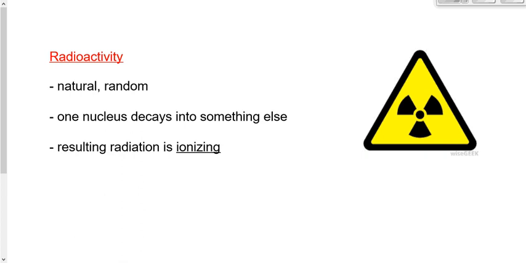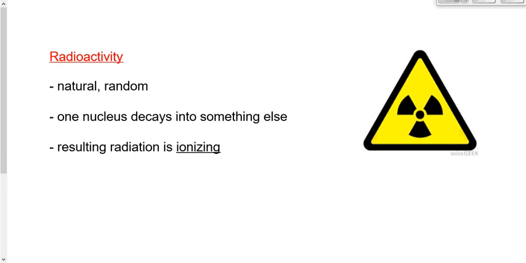What is radioactivity? Well, it is a spontaneous process. It is a natural process. It is a random process where one nucleus, like carbon or like uranium, decays into something else. In chemistry, you learn that carbon is always carbon and uranium is always uranium, and chemically that's true, because in chemistry you talk about the electrons and how they share.